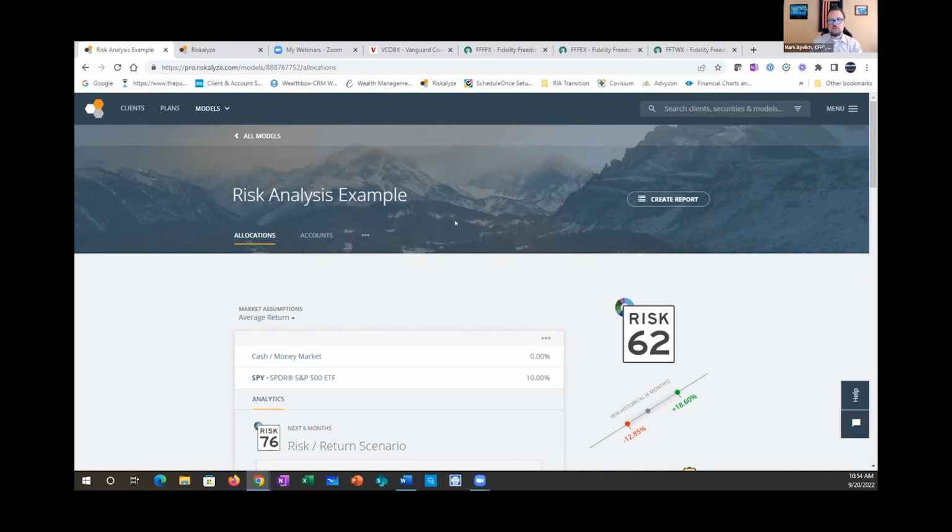We can talk about what that looks like. But if you want to just identify your risk score, I'll send you the link. Just send me an email. I'll send you the link.